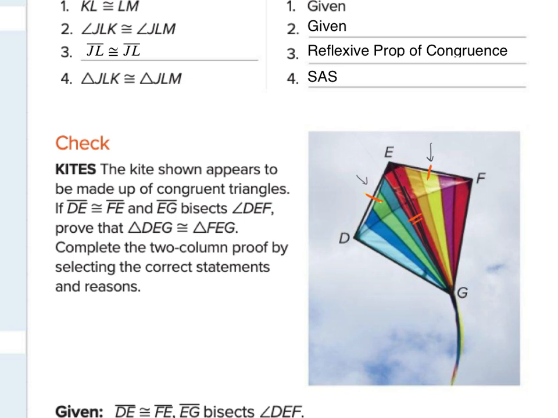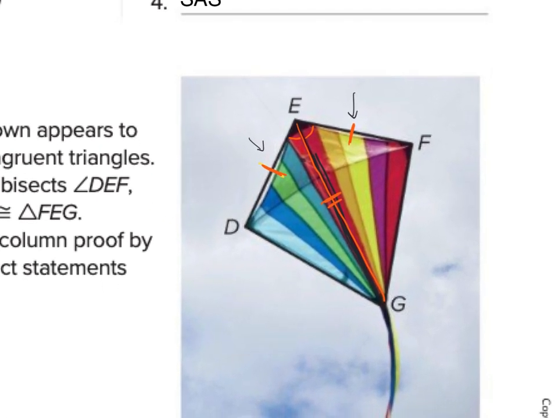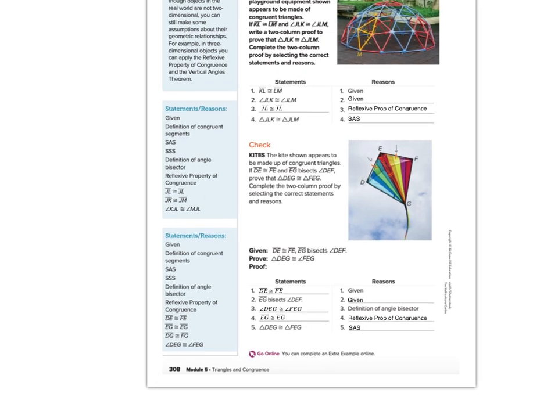Just in case you are having difficulty seeing it. They share that side. And EG bisects DEF. So if it bisects, that means this side is going to be congruent to that side. So do we have enough information to say that these two triangles are congruent? Yes. I have the side, the included angle, and another side to have that proper triangle congruence. So just being able to look at that and use that information.